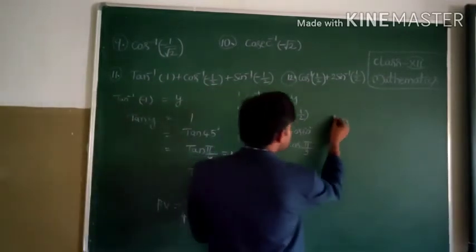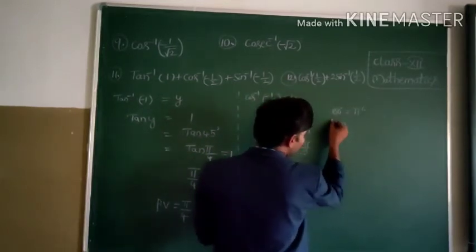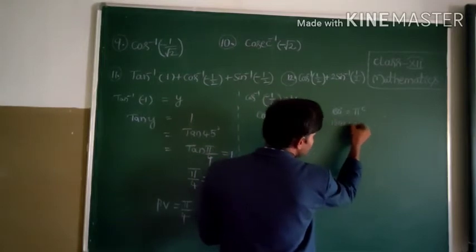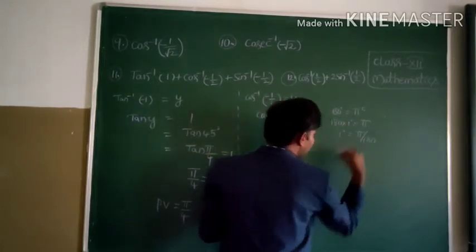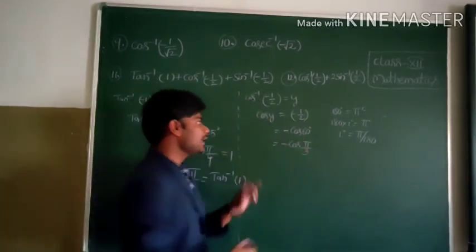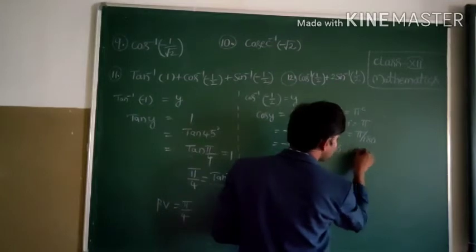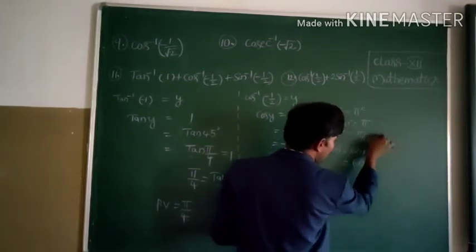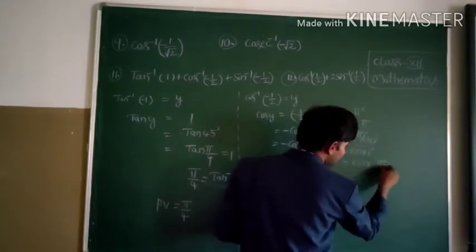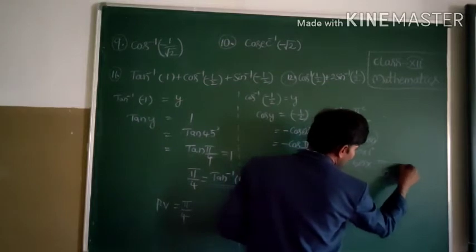Here also, 180 degrees is equal to pi radians. Then 180 into 1 degree is equal to pi, and 1 degree is equal to pi by 180. But here we need 60 degrees, so 60 degrees is 60 into 1 degree, which gives 60 pi by 180, so finally we have pi by 3.